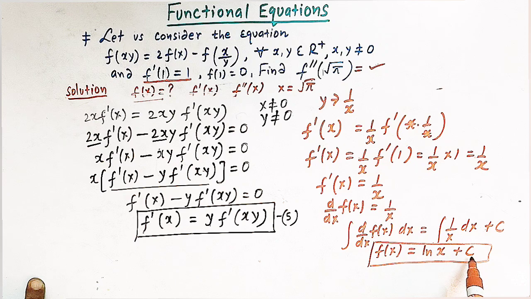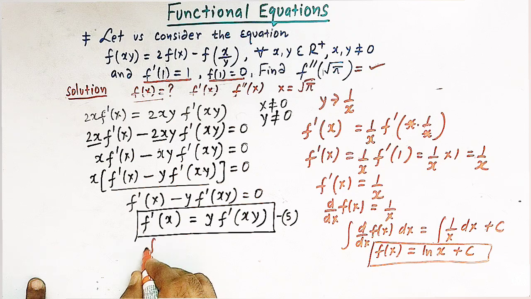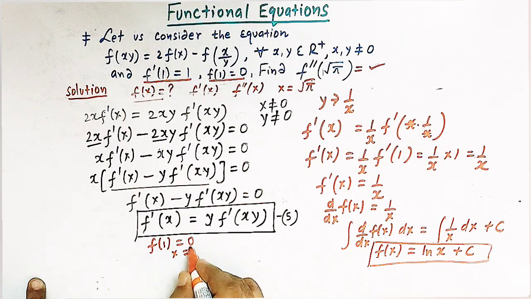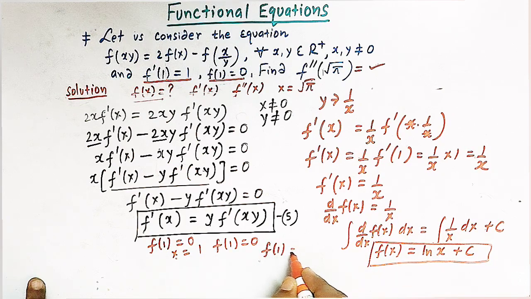And we can find this constant of integration by using the condition that f of 1 is equal to 0. So when x is equal to 1, then f of 1 is equal to 0. So in this equation, let us take x is equal to 1. So we have f of 1 equals log of 1 plus c.